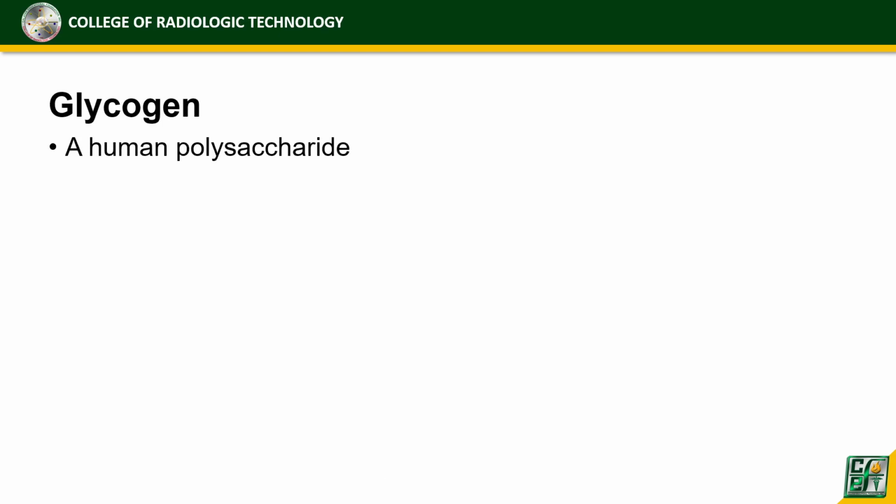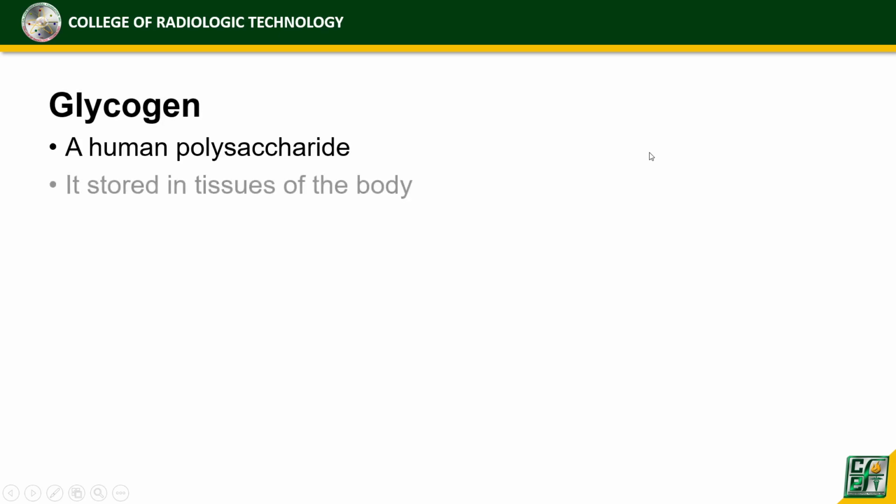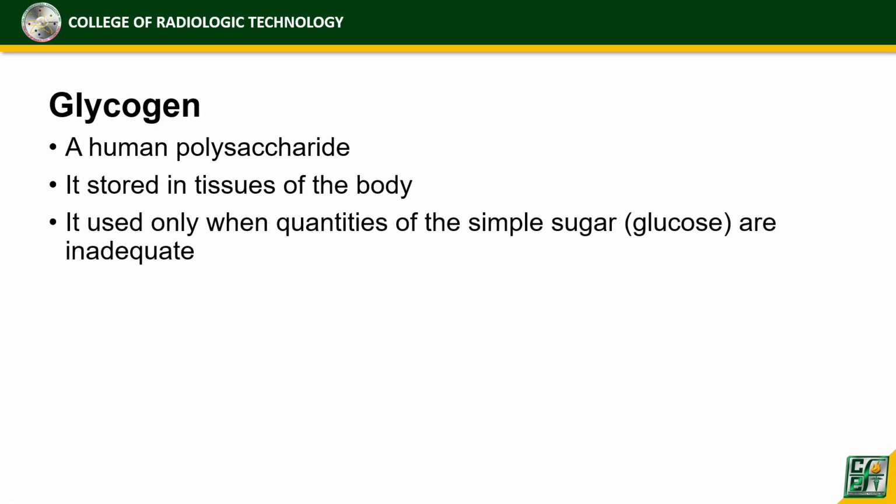So glycogen, it is a human polysaccharide or animal polysaccharide. It is stored in the tissues of the body. Okay? So it is only used when quantities of simple sugars are inadequate.